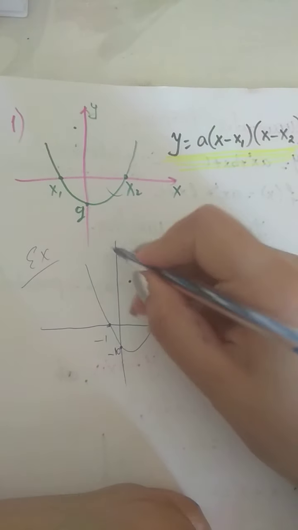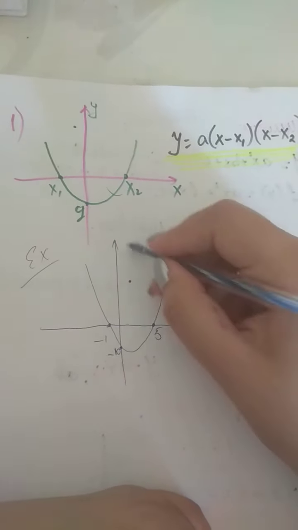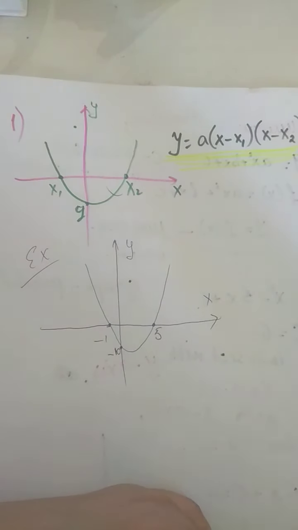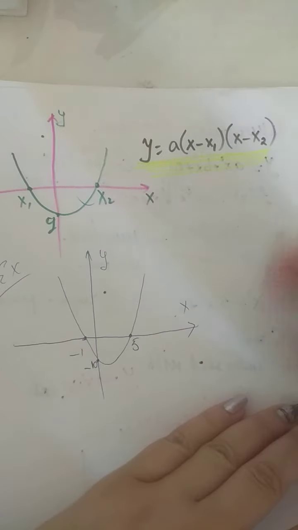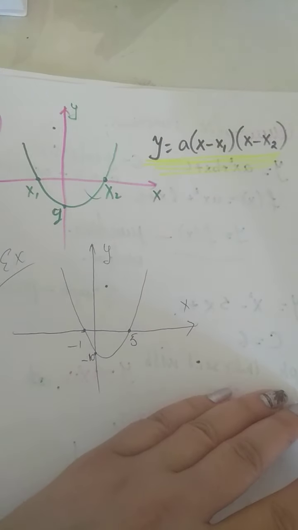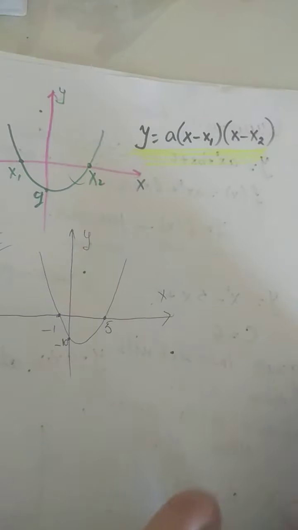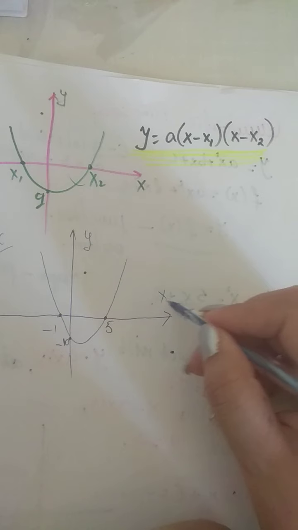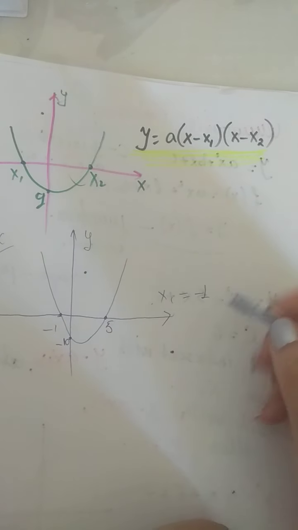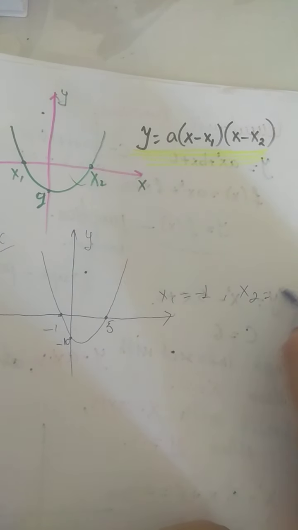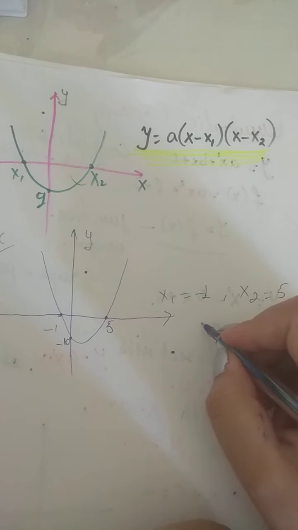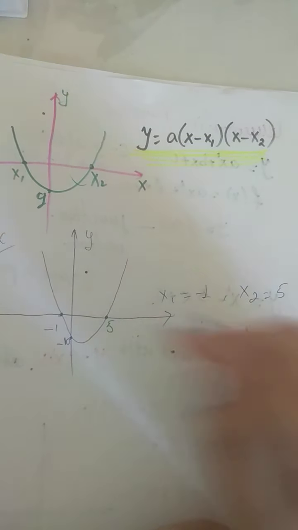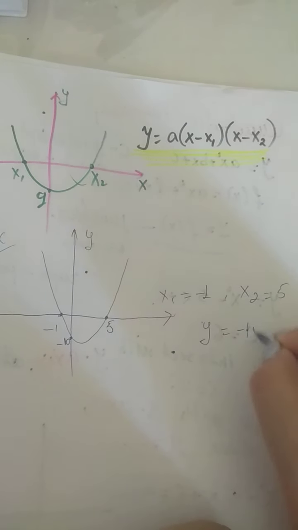So find the function of this graph, y and x. So when I see that my graph intersects with the x-axis at 2 points, good, I have a formula for this type of graph: y is equal to a multiplied by (x minus x1)(x minus x2). So what's my x1? x1 is -1. And what's x2? It is 5. What's the y-intercept? Let us take y as -10.